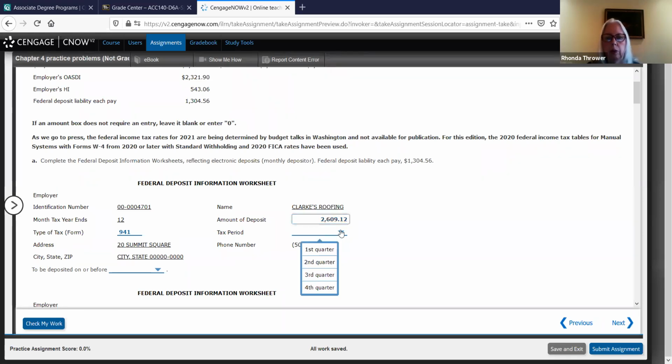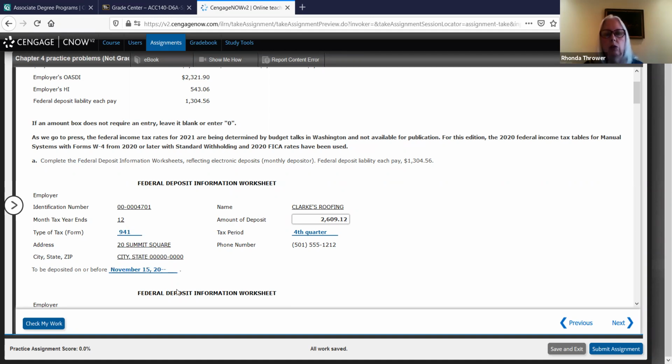This would be the tax period for the last quarter of the year, October, November, and December. So it's the fourth quarter. And we should make our deposit, since we're a monthly depositor, by the 15th day of the month following when we had withheld the taxes. In other words, we withheld the taxes for the month of October, so we're going to go to the next month, which would be November 15th.